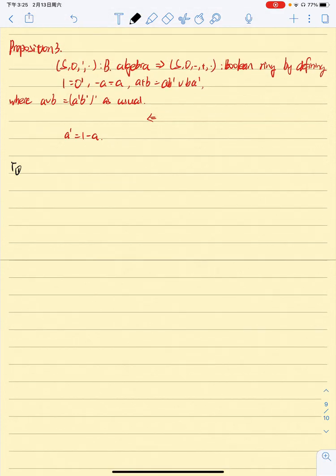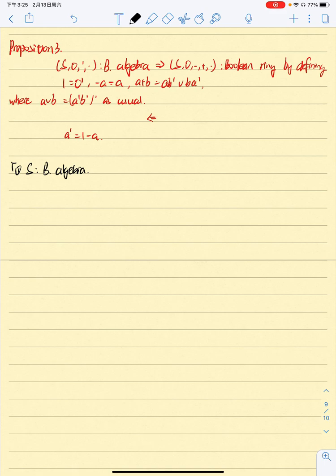First, we suppose S is a Boolean algebra. And we want to prove this is a Boolean ring. That means we should first prove this is a ring, and then every element is idempotent, okay?